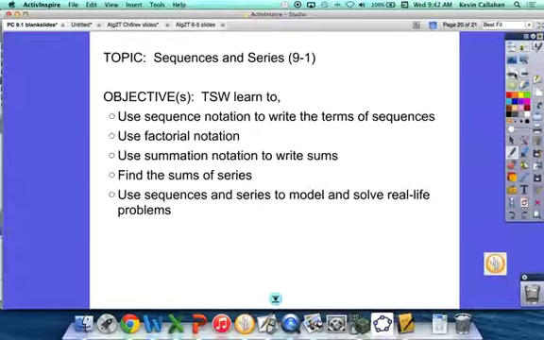So make the homework. Right. The homework is on page 625.